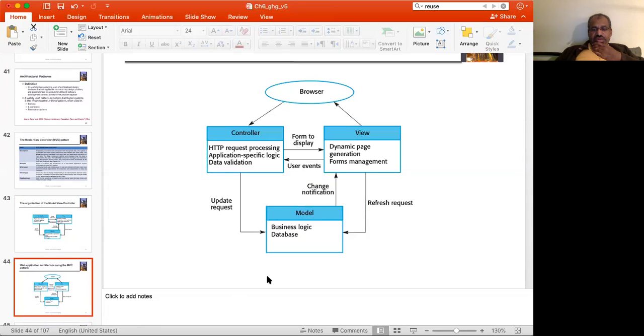For example, when you have a web browser, here's the browser, and it presents the views to the users, and by the views the user issues commands and makes requests. The controller executes these requests by interacting with the model, or the actual database.